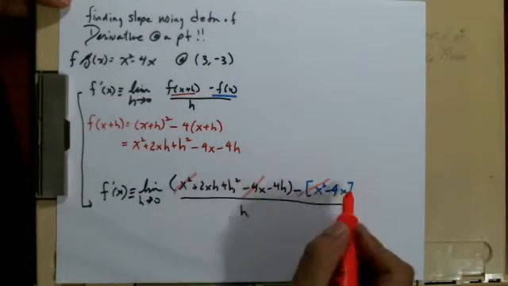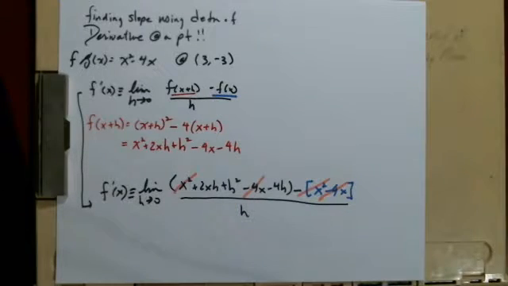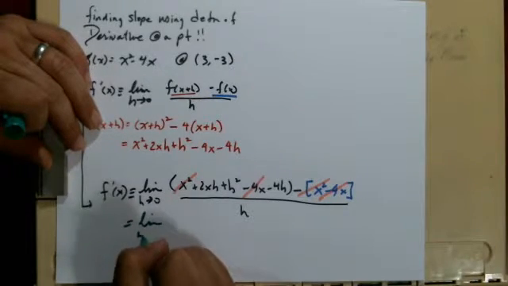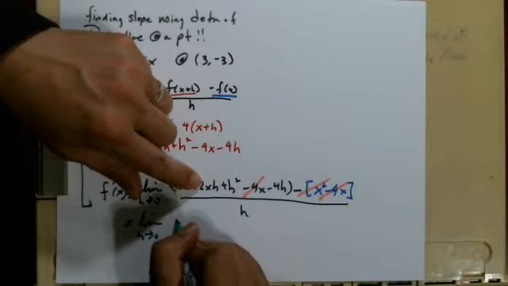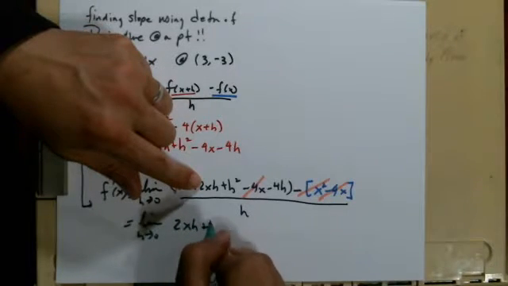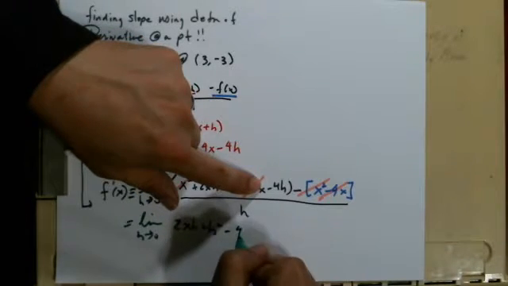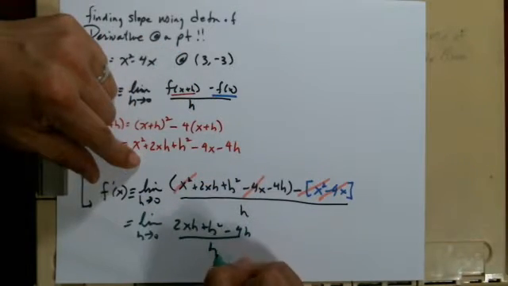So minus 4x and the plus 4x is going to cancel out as well. So I'm going to use, let's try green this time. That's equal to the limit as h approaches 0 of 2xh plus h squared minus 4h all over h.